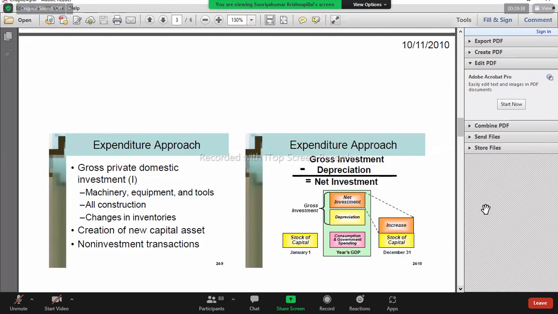If something wears out, we need to replace those parts, otherwise we cannot run that machinery. If something wears out, we replace it with new parts, and that is equal to depreciation. For a building, with a life period of 50 years or so, every year the value decreases, that is depreciation.